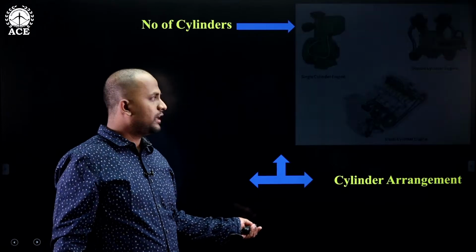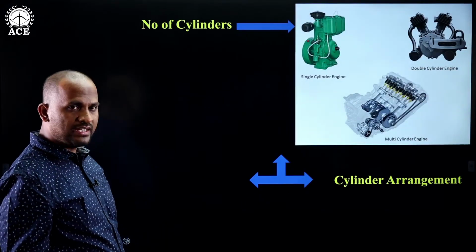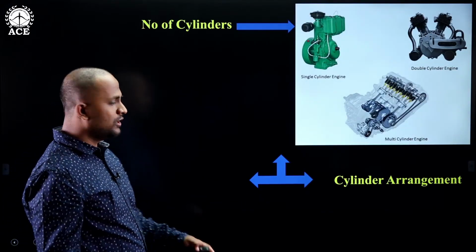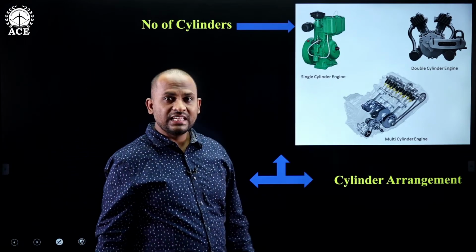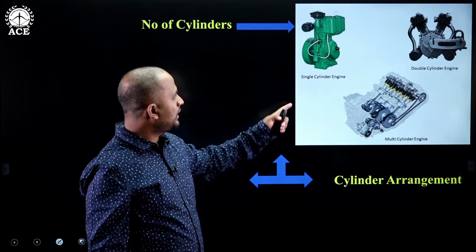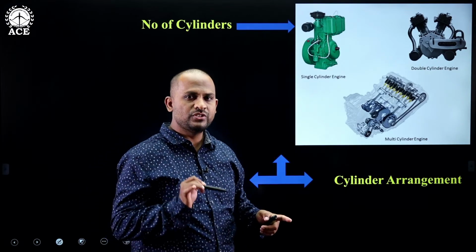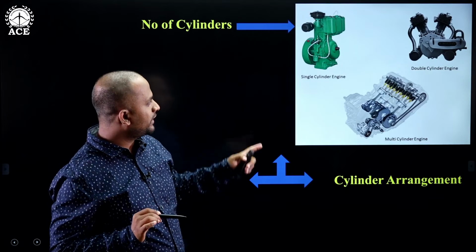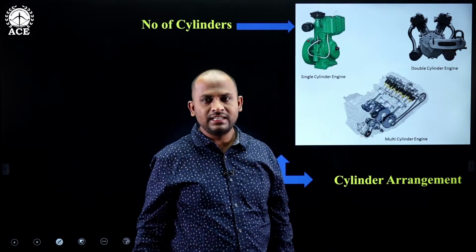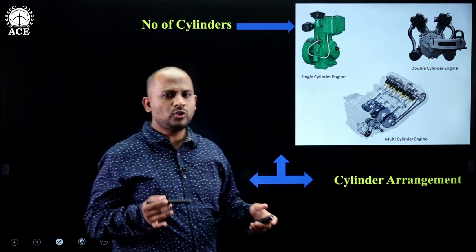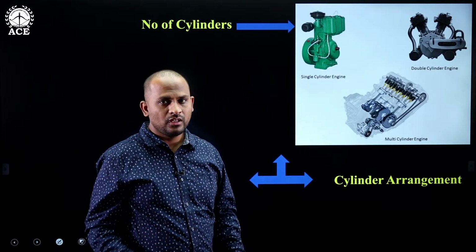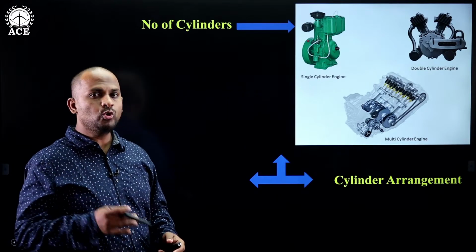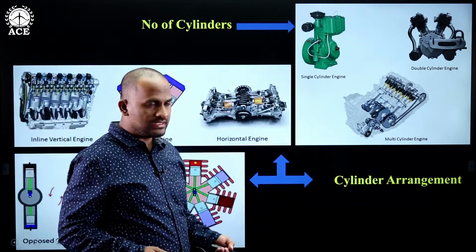Not only that, according to the number of cylinders also, the engines are classified. The first one is the single cylinder engine, which has only a single cylinder, piston, connecting rod and a crankshaft. A double cylinder engine has 2 cylinders, 2 pistons and connecting rods. And a multi-cylinder engine has more than 2 cylinders in the engine.